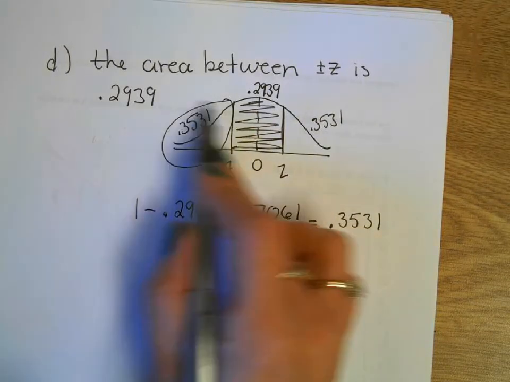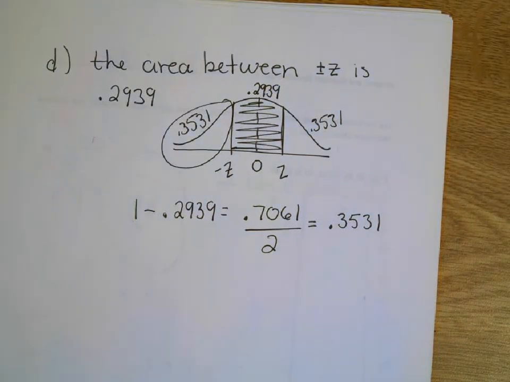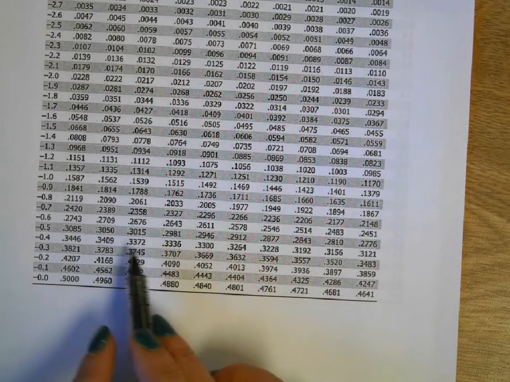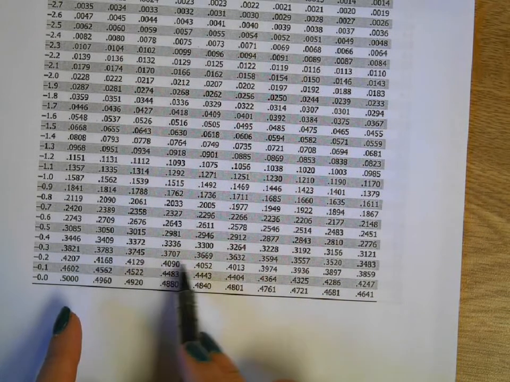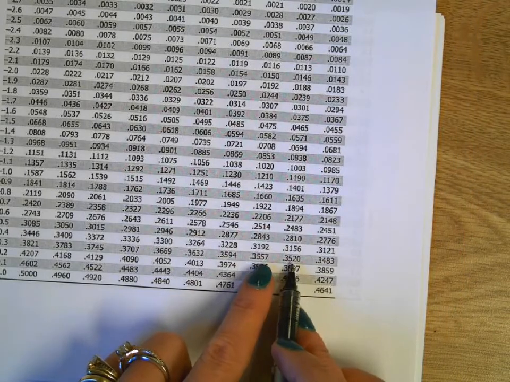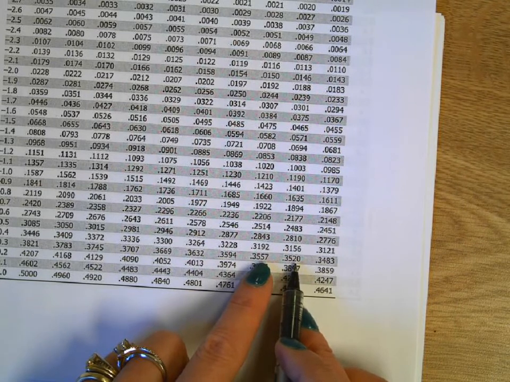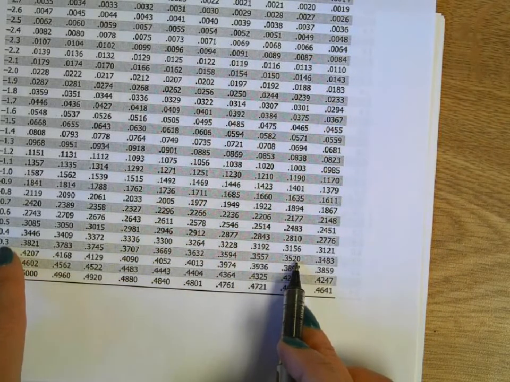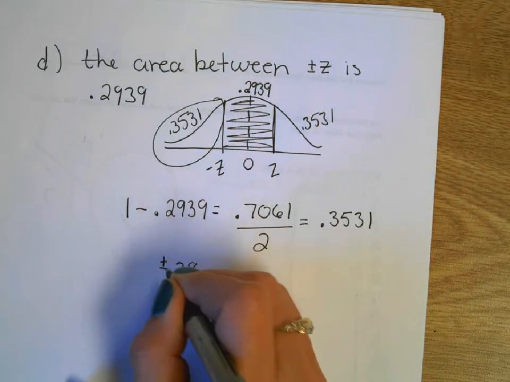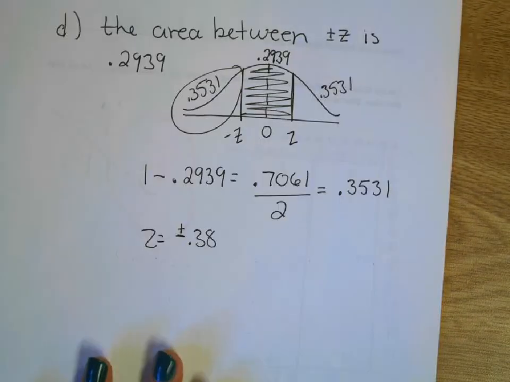So we can look up 0.3531 in the table. Right between these 2. Is 31 closer to 20 or to 57? 20. So we are at negative 0.38 z-score, and then positive 0.38. So positive and negative 0.38.